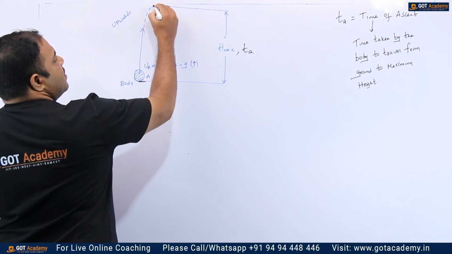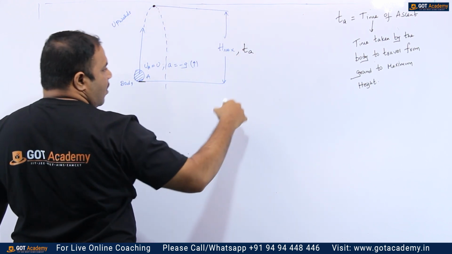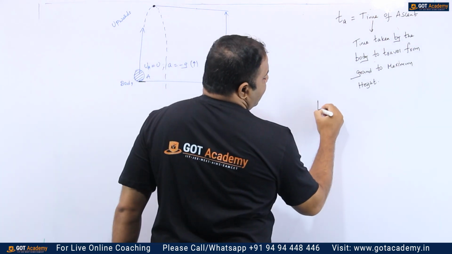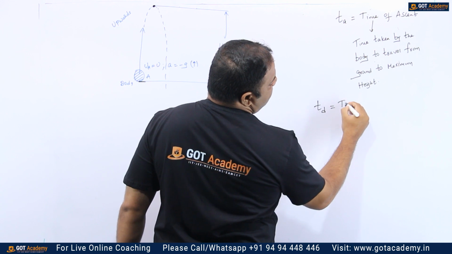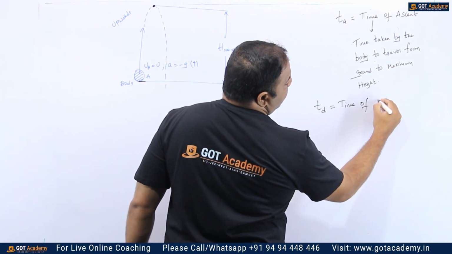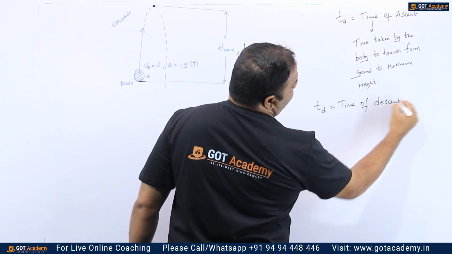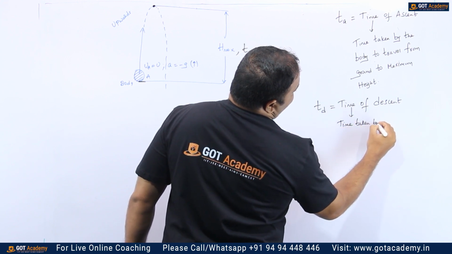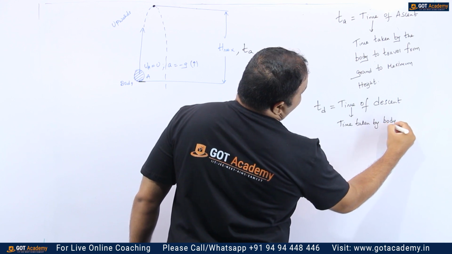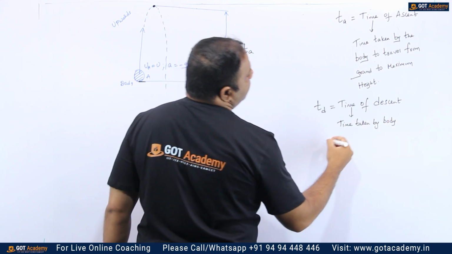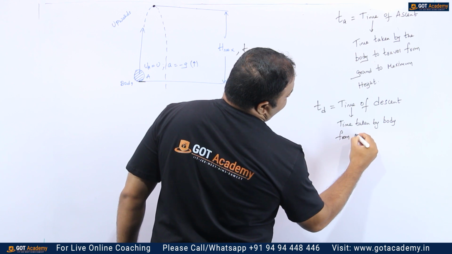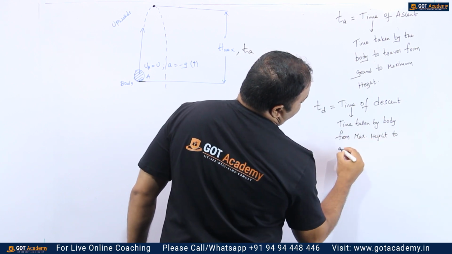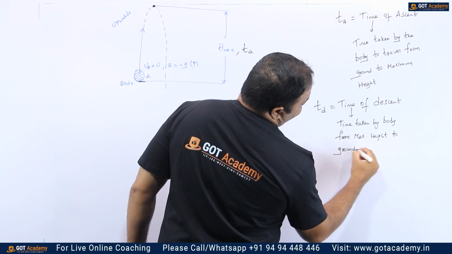Again, from this maximum height point, if I consider the downward direction, then it is time of descent, T suffix D. That is the time taken by the body during its downward journey from maximum height to ground.